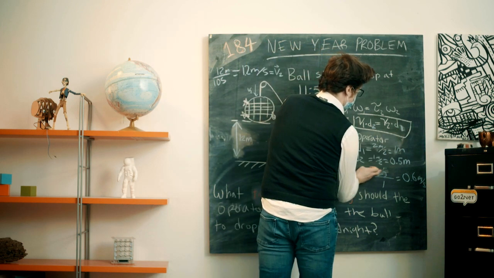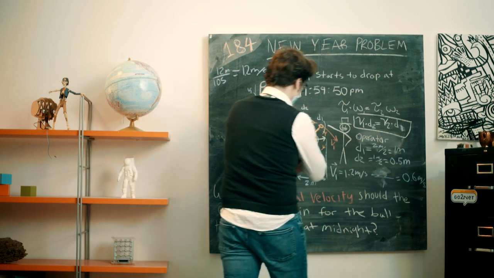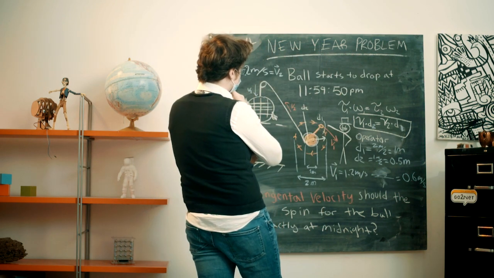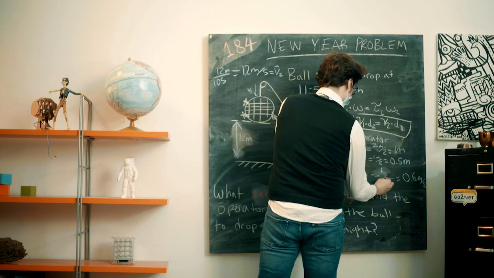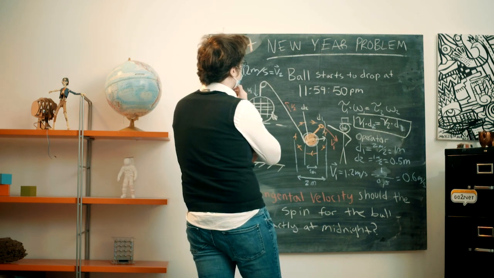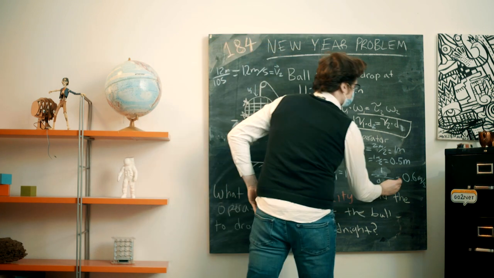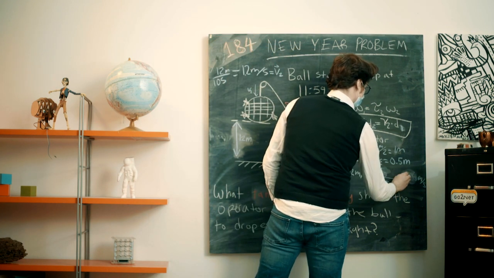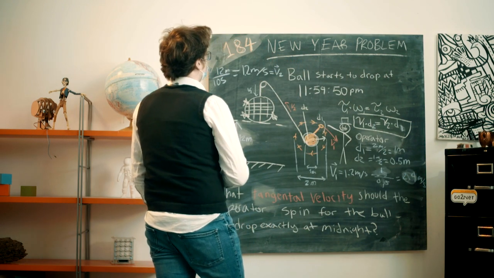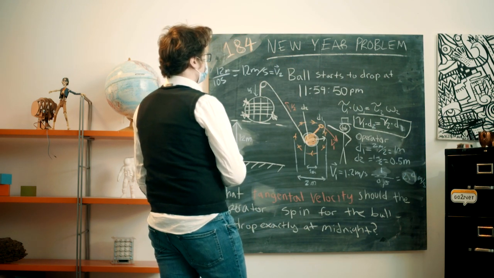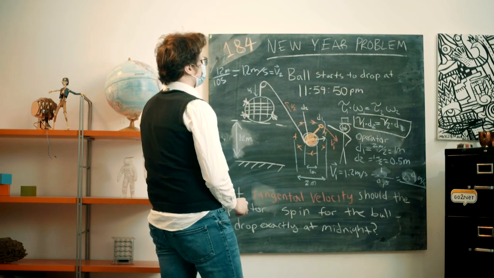Because what should have happened is this should have been 1 over 0.25, and then we would have gotten 2.4 meters per second. Okay. Yeah. So that's what it should be. It should be 2.4 meters per second.